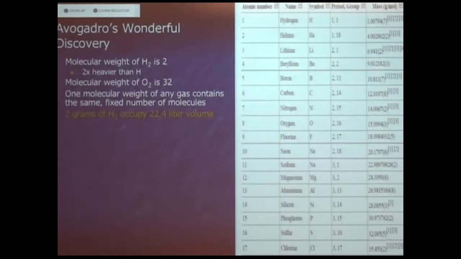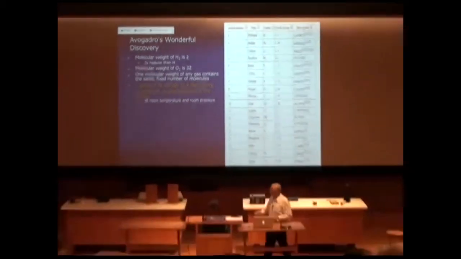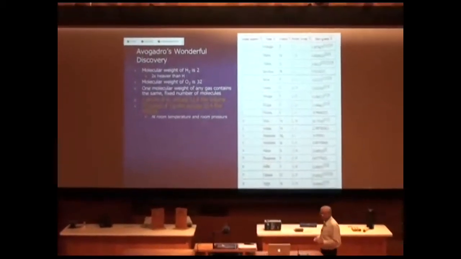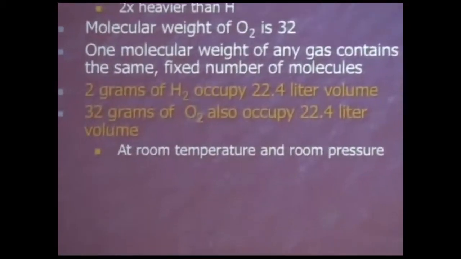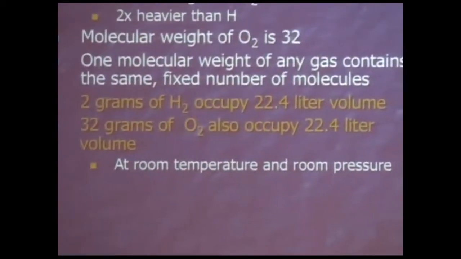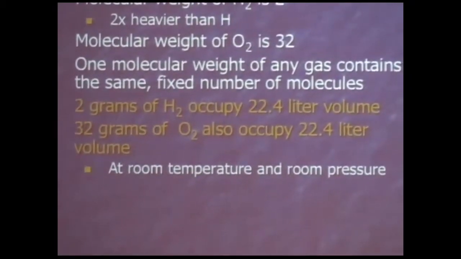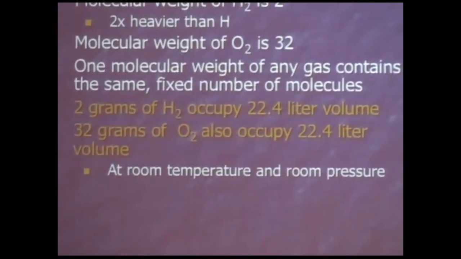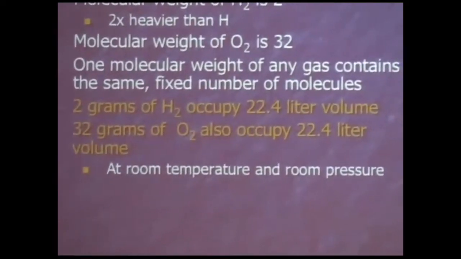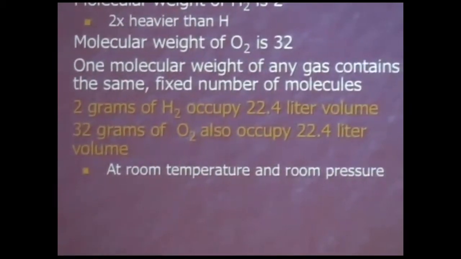Now here's the great discovery. The great discovery is that 2 grams of hydrogen occupy a fixed volume, 22.4 liters. And 32 grams of oxygen, which is the same number of molecules, also occupy 22.4 liters. So the volume occupied by the same molecular weight of any gas is always the same, as long as the temperature and the pressure of that gas is the same.